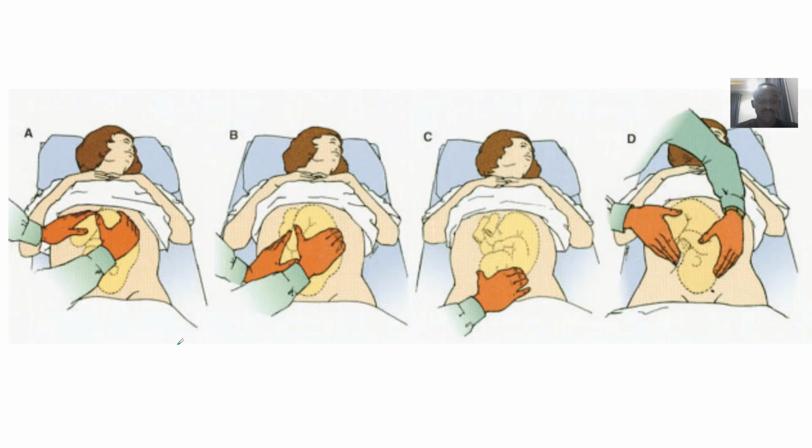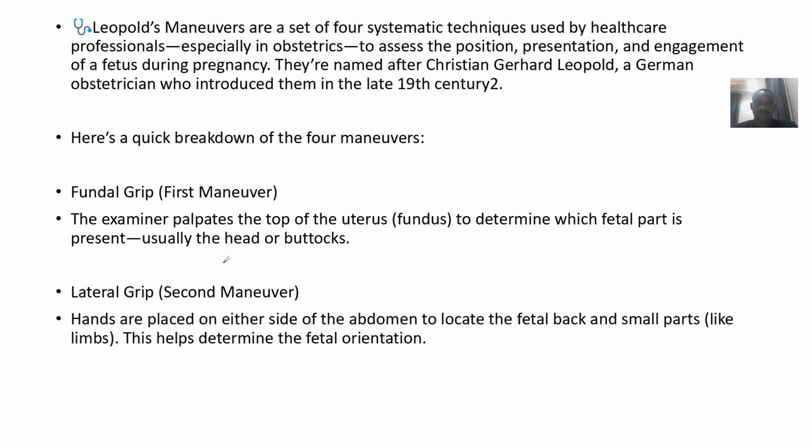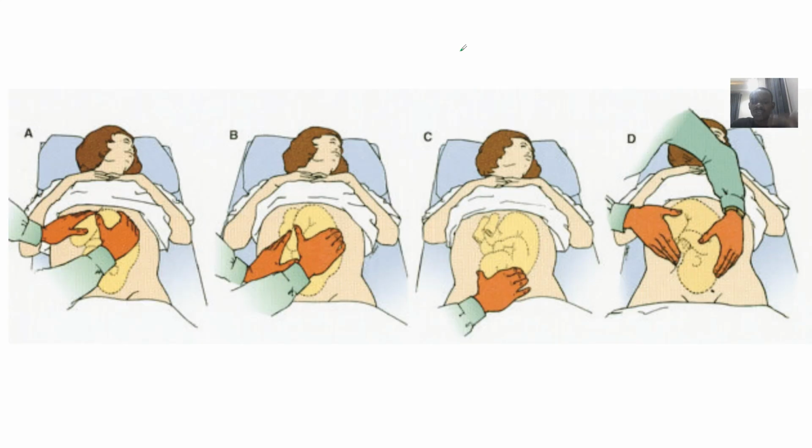For the Leopold's maneuvers, we said that there is a set of 4 systematic techniques. They are used by healthcare professionals, especially in obstetrics, to assess the position of the baby and know its presentation. Is the baby coming head down, or which part of the body is coming towards the cervix?